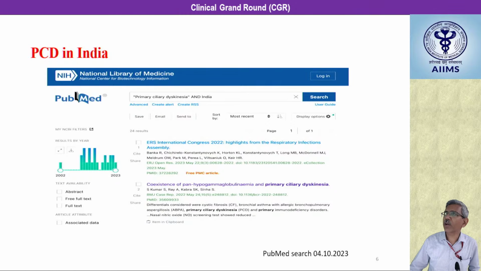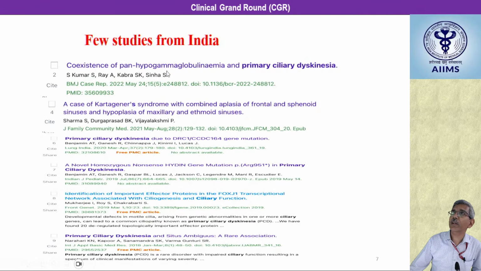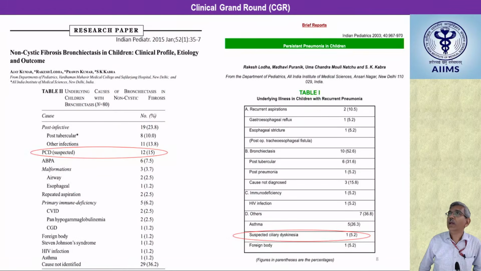If you look at the publications, there are not too many from the country, and most of these are limited to case reports, specific or novel gene mutations, rather than any large series.